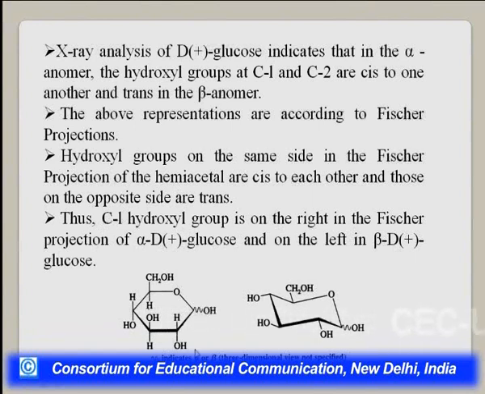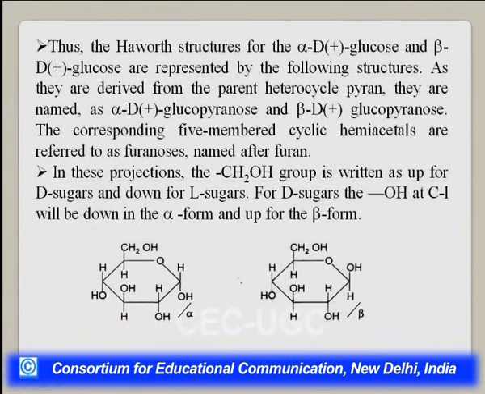We can represent it like this, and we can represent it in this chair form also. These are called Haworth structures, because this mechanism, the formation of the cyclic structure from the open chain structure of glucose, was given by Haworth. So these alpha and beta isomers of D-glucose are called Haworth structures, as they are derived from the parent heterocyclic compound, which we have discussed.